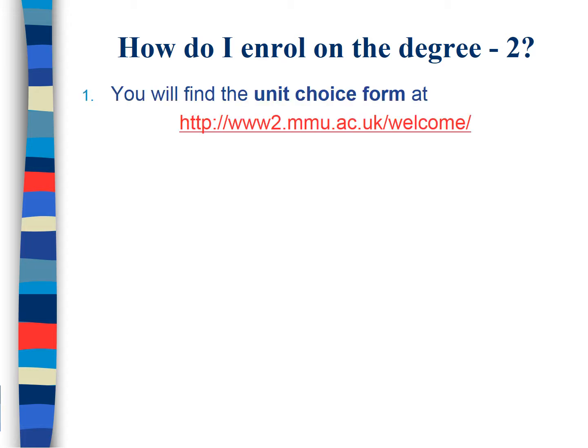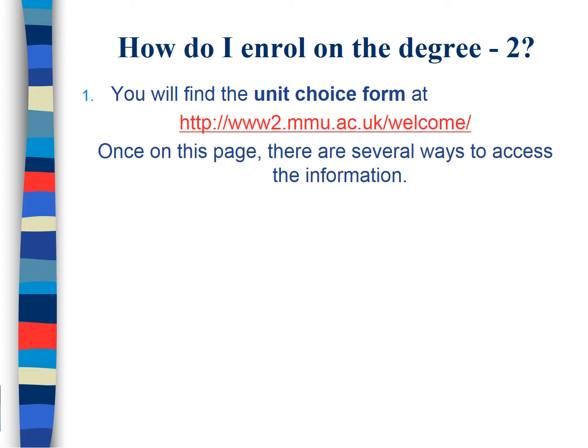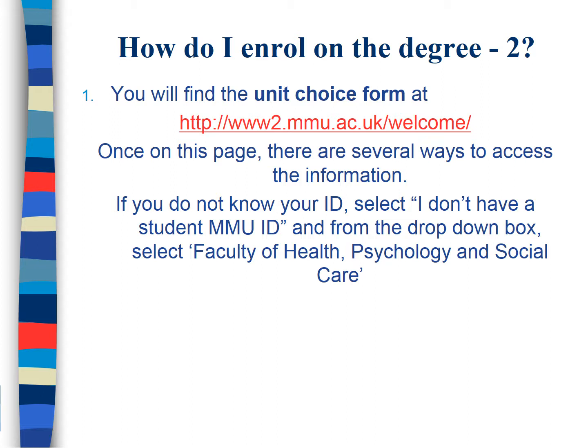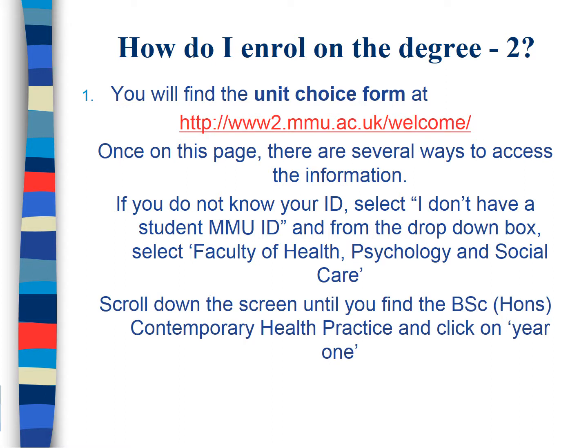You will find the unit choice form at the web address shown on this screen. Once on this page, there are several ways to access the information. You can use your MMU ID, but if you do not know what your ID is, select I don't have a student MMU ID, and from the drop-down box, select Faculty of Health, Psychology and Social Care.